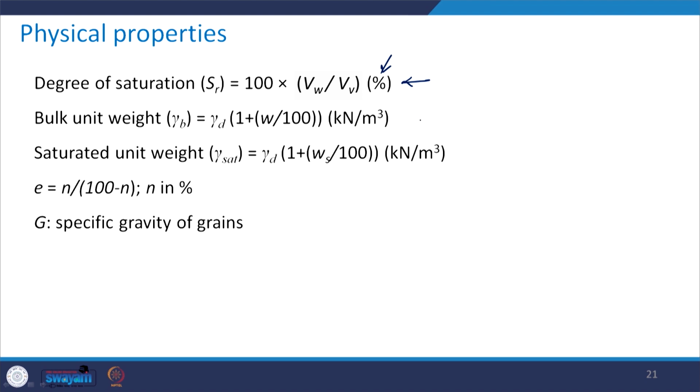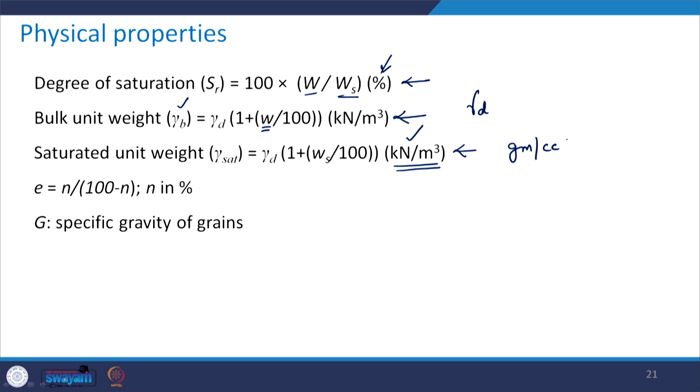Once we know the dry unit weight gamma d, we can find out the bulk unit weight using this expression, where small w represents the water content, and then we can also find out the saturated unit weight. Please remember that here we are finding the unit weight, and therefore the unit is kilonewton per meter cube. The unit for density is not kilonewton per meter cube, but maybe gram per cc or kg per meter cube.